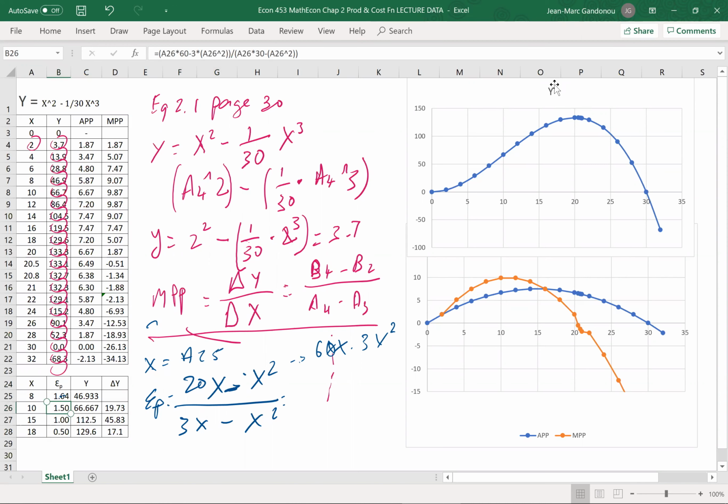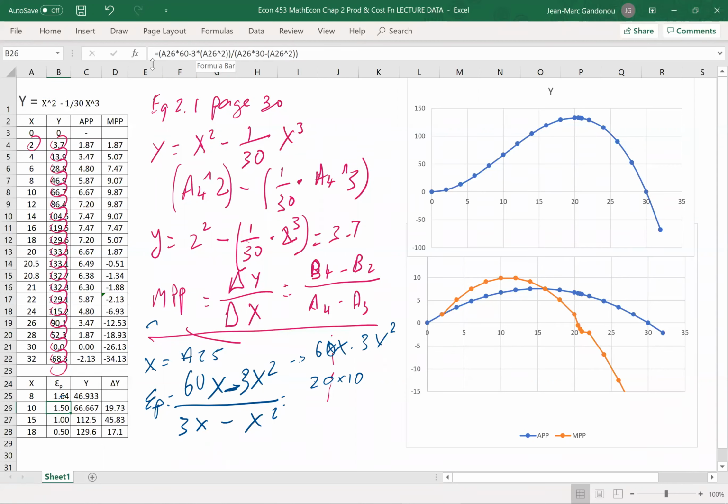Okay, so when x equals 10, I have 20 times 10, and that is what I have here. Oh, here I used 60, minus 3. I don't know why, I should have simplified.